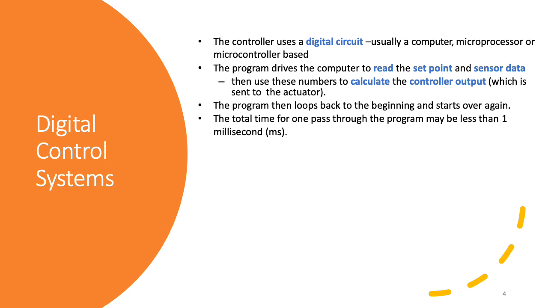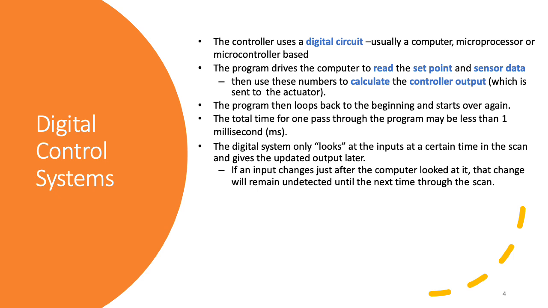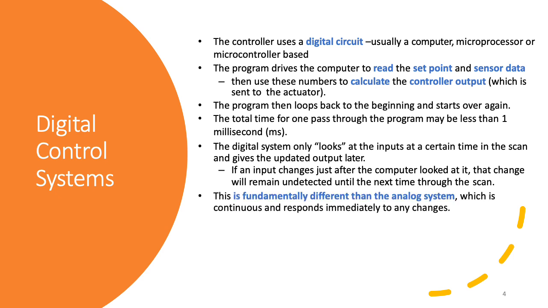The total time for one pass through the program may be less than 1 millisecond. This is normally quick enough, but not always. Sampling rate is a factor in systems with rapidly changing parameters. The digital system only looks at the inputs at a certain time in the scan and gives the updated output later. If an input changes just after the computer looked at it, that change will remain undetected until the next time through the scan.